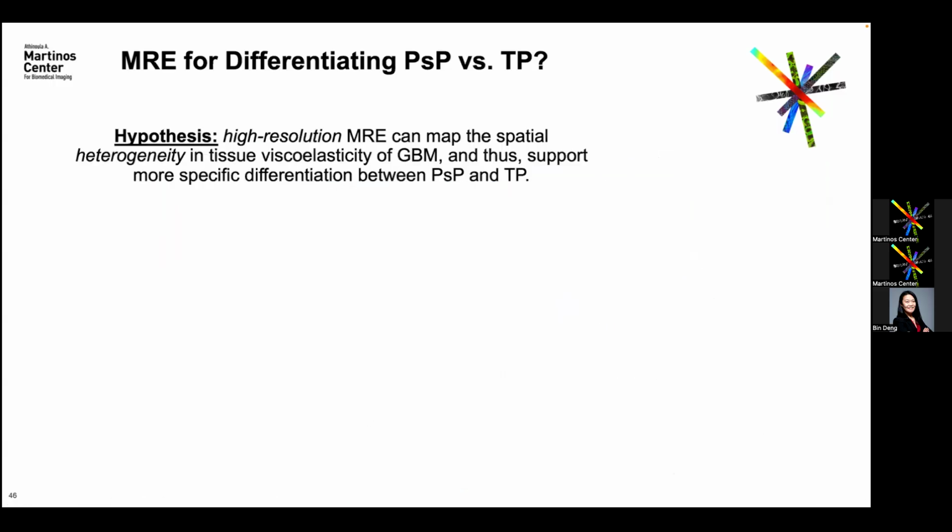So our goal is to use a high resolution MRE technique to map the spatial heterogeneity in tissue viscoelasticity of glioblastoma patients and see if it can be used to differentiate between pseudo progression and true progression.